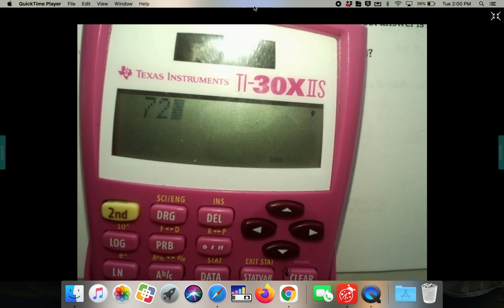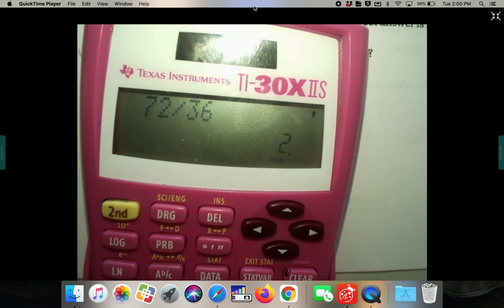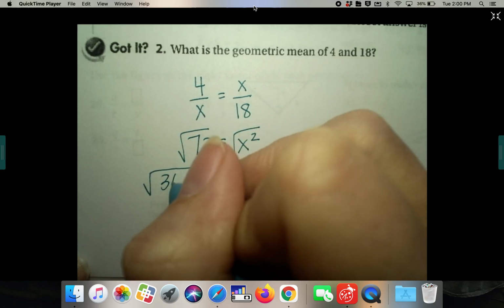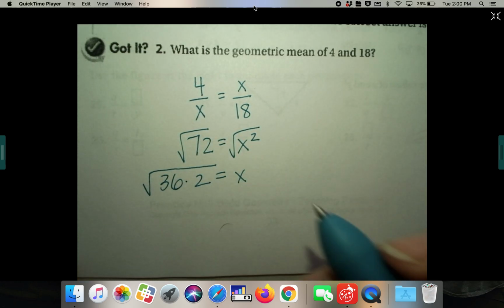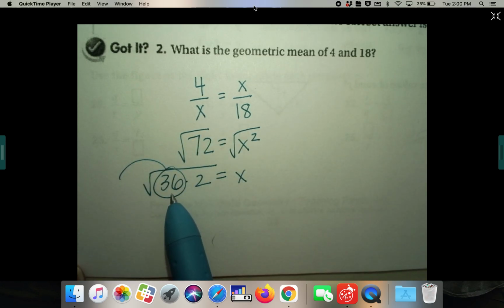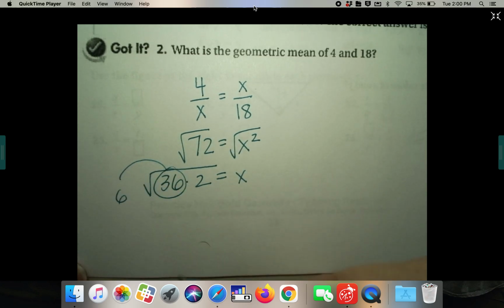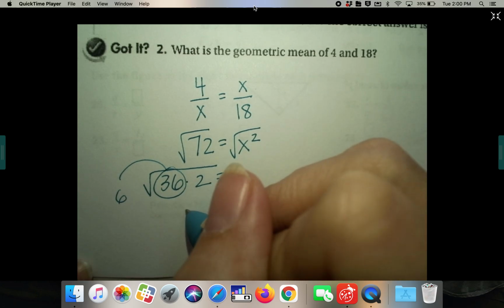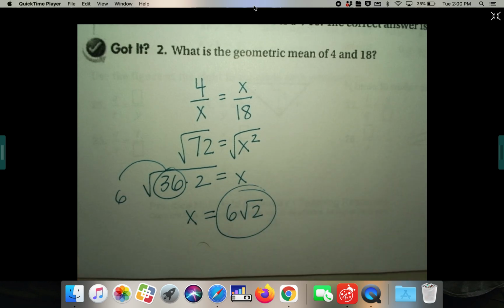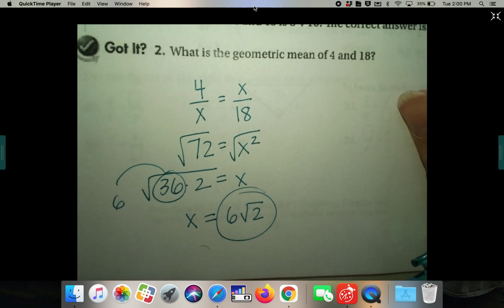No. What is a bigger square than 9? 16, 25, 36. Yes, so 36 and 2. So that would be 36 times 2. And since 36 is a perfect square, it pulls out because the square root of 36 is 6, and the 2 stays inside. So the simplest radical form is 6 root 2. Okay, we'll keep reviewing that.